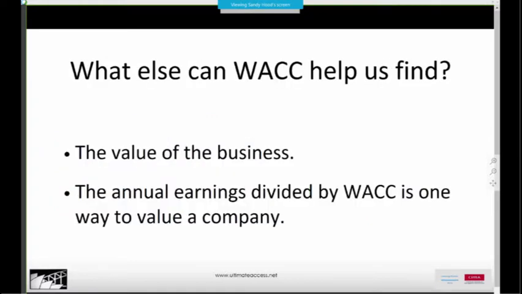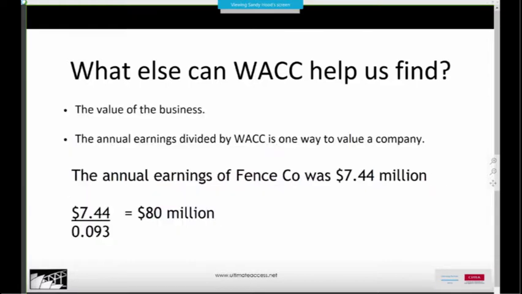WACC can help us find the value of a business. We can get the annual earnings and divide that by the WACC, which is one way of valuing a company. So in our case, the annual earnings were 7.44 million. We know that the WACC was 9.3%.